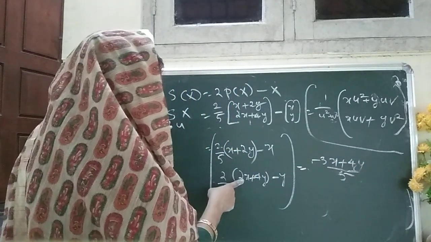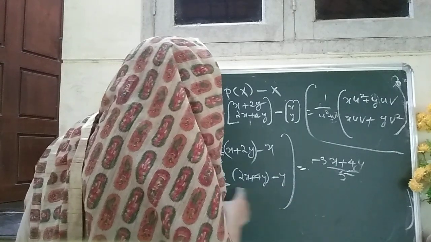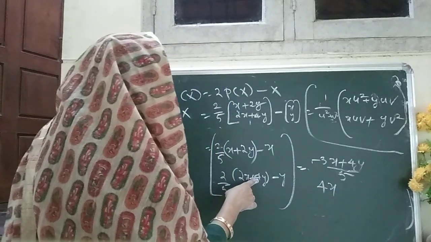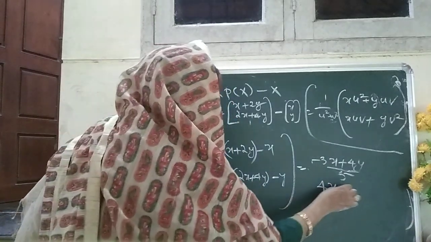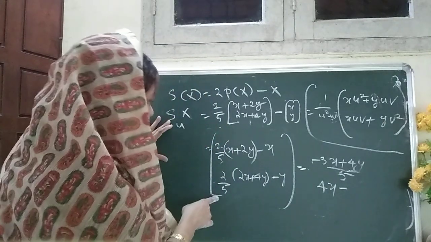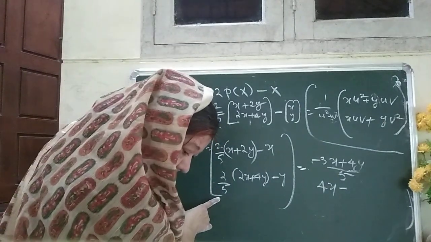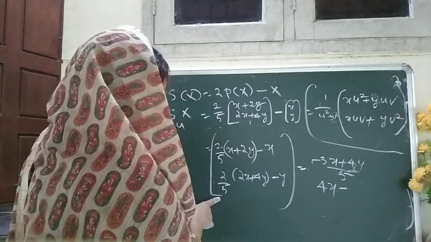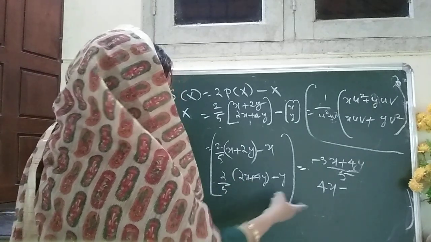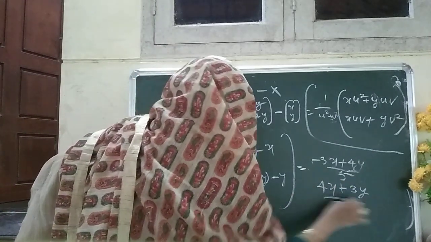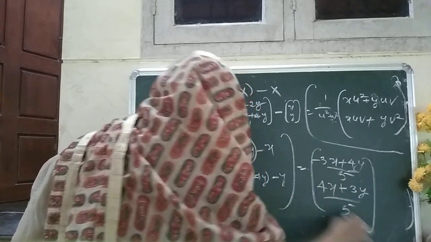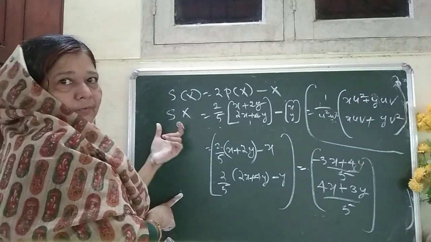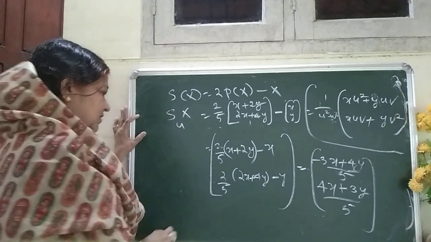The other is 4x plus 8y minus 5y, that is 4x plus 3y, by 5. Therefore, it is the reflection transformation of this x along u. So, projection transformation, reflection transformation. Okay.